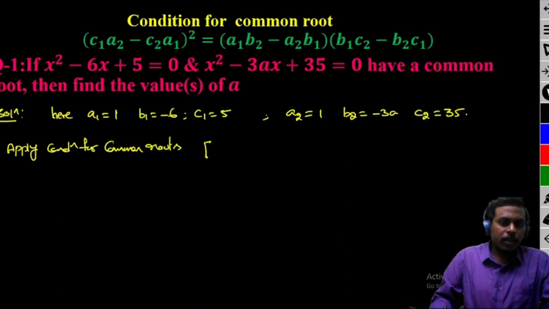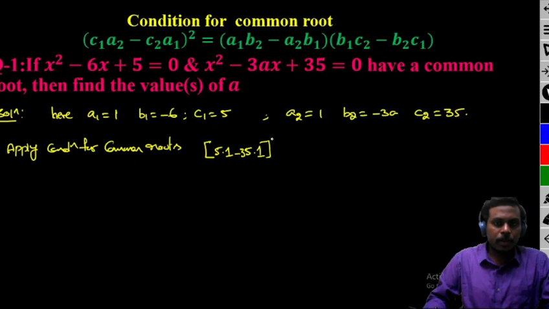So the first one is c1 into a2, that is 5 into 1, minus c2 into a1, that is 35 into 1, whole square is equal to, so a1 into b2, a1 value is 1 into b2 value is minus 3a, minus a2 value is 1 into b1 value is minus 6.